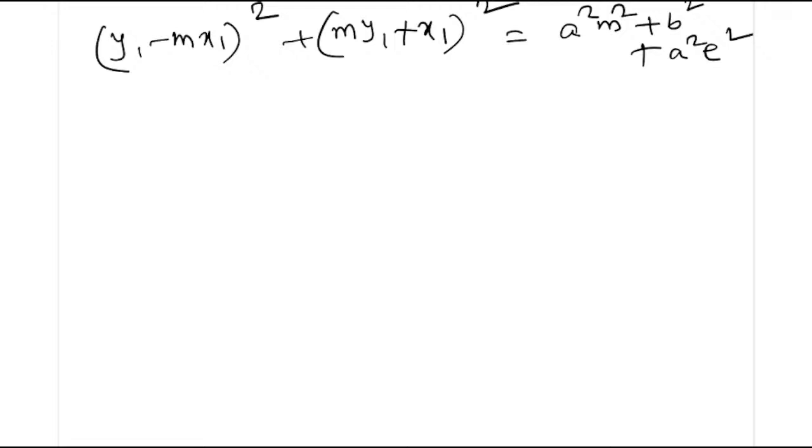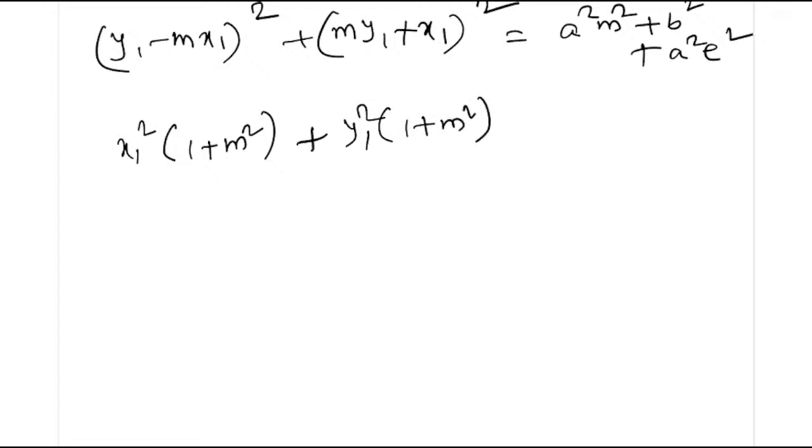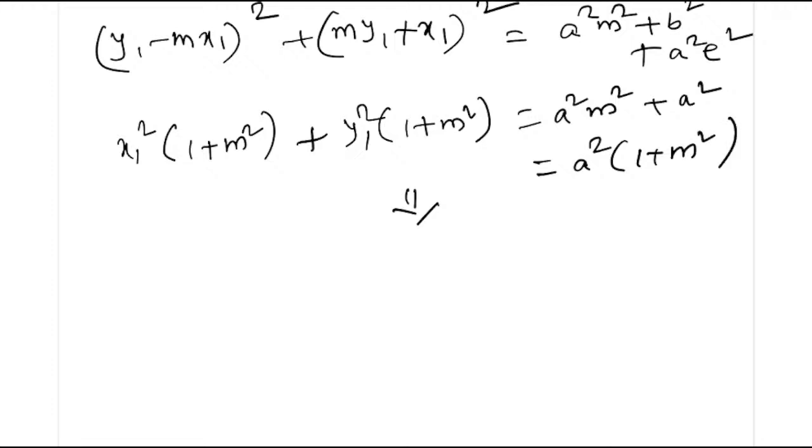When you simplify all this, you will get x1 square into (1 plus m square) plus y1 square into (1 plus m square) is equal to a square m square plus a square. Here also you will get a square into (1 plus m square). You can cancel these; that simplification is always very important.